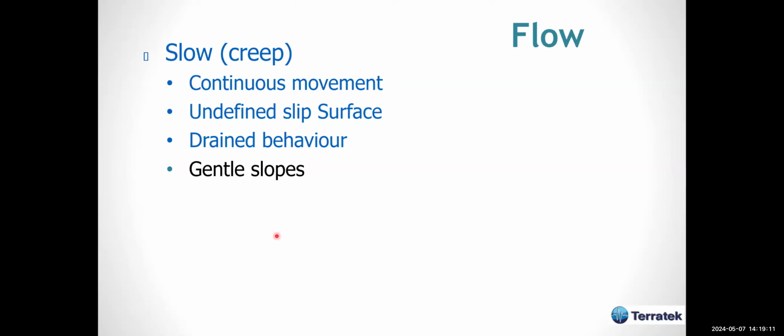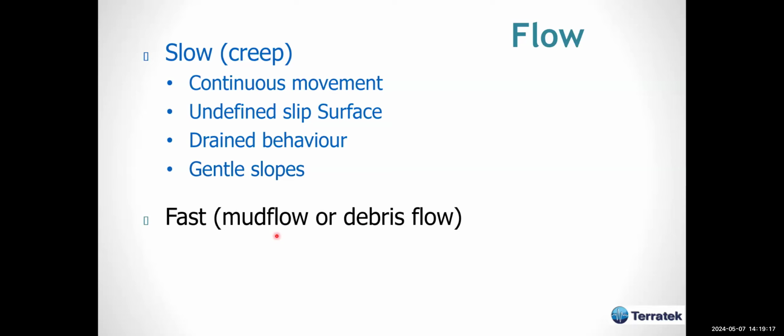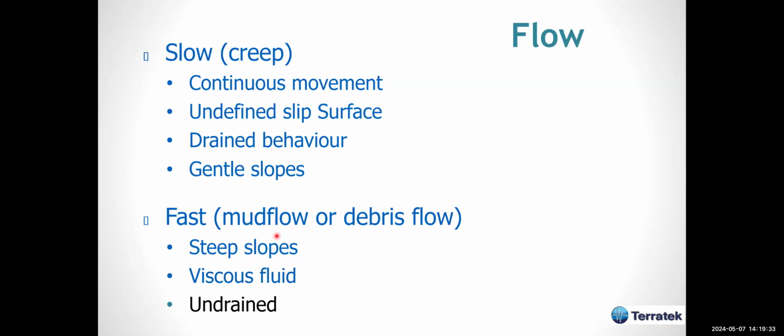And so it can take place on gentle slopes, as I'm going to show you, okay? And fast if we have mud flow or debris flow. So these are the types. And fast mud flow, debris flow takes place on very steep slopes, and it's a viscous fluid, and the behavior is undrained. Okay.